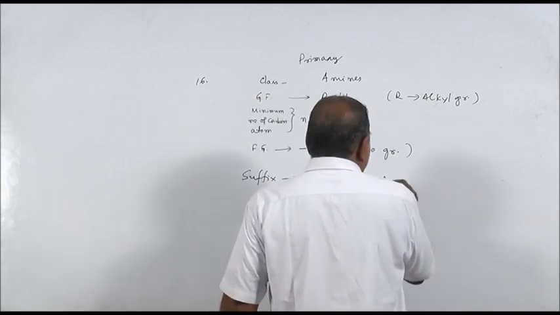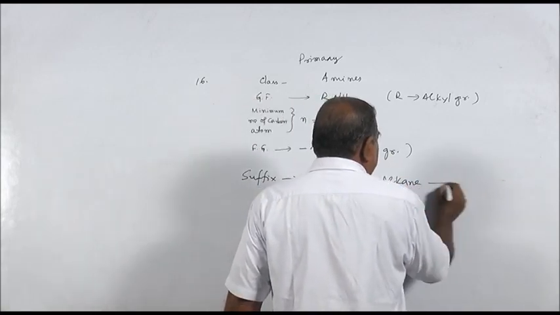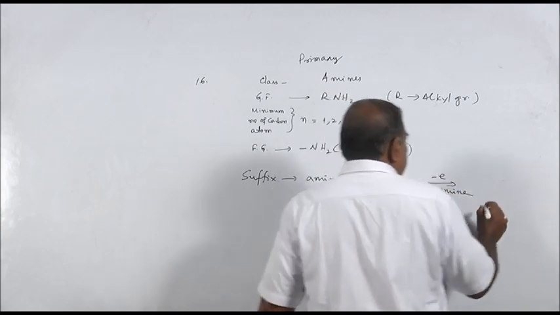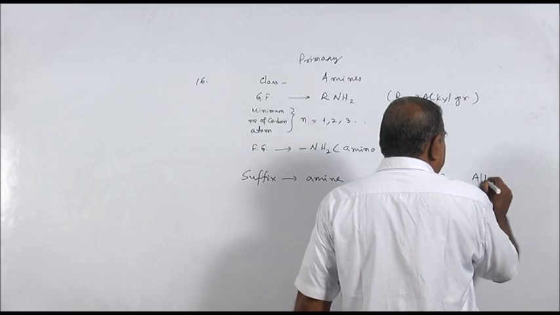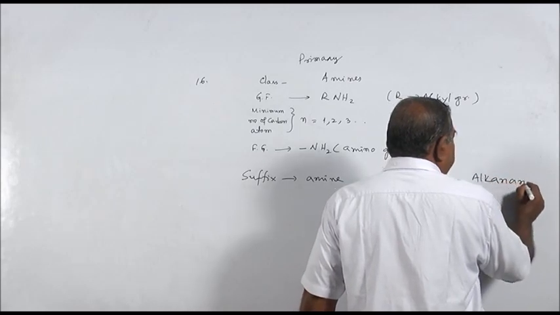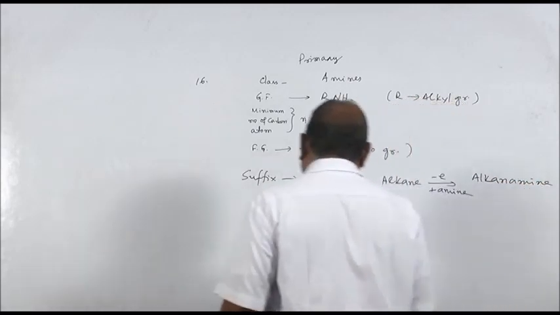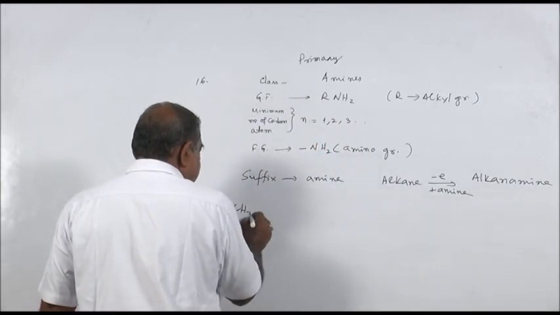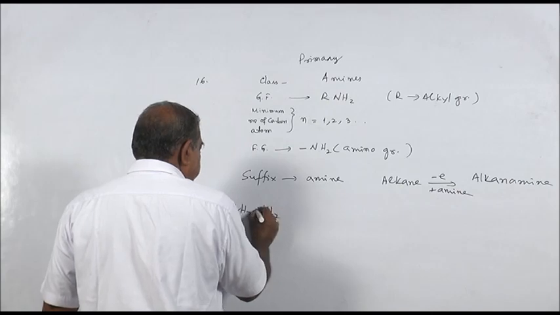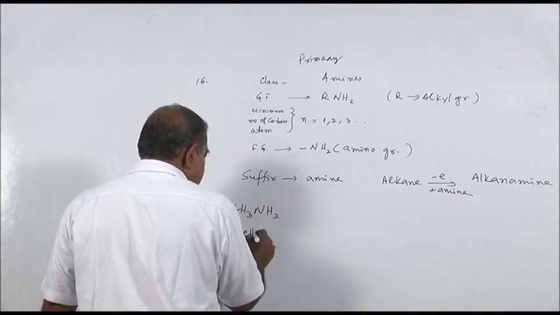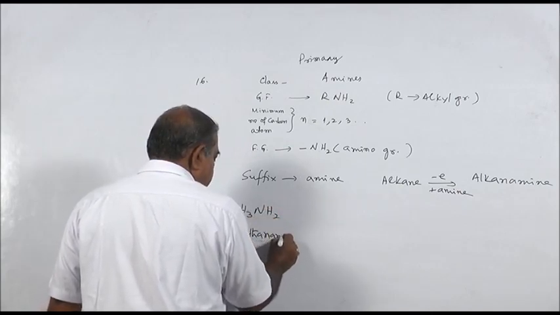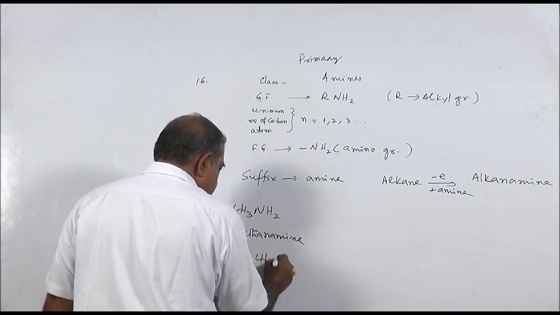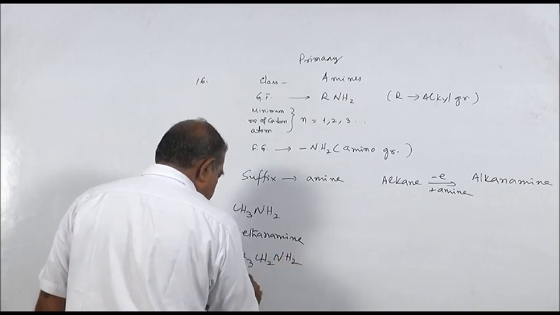That is, the E of alkane is replaced by amine. So the complete name becomes alkanamine. A few examples: CH3NH2. This is your methanamine. CH3CH2NH2.